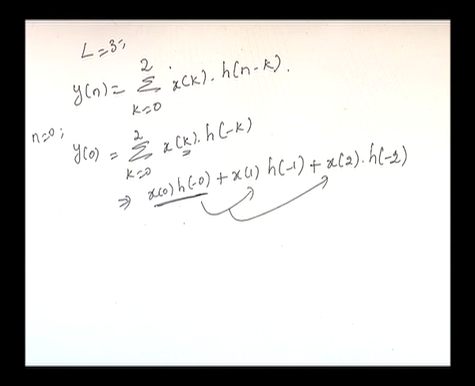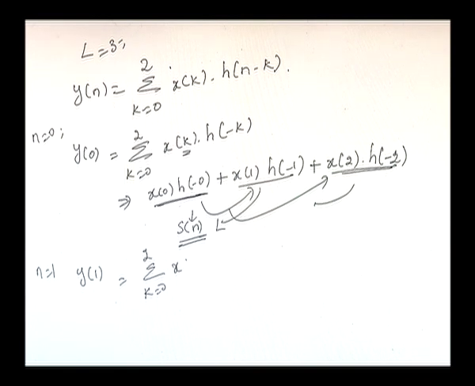So, I have initialized an accumulator S of n. First I generate the multiplication of x of 0 into h of 0 and store that value. Then again I do the multiplication and add it to this, and again multiply the next two values and add. This is the way I have developed the programming. Suppose we put n equal to 1, then y of 1 is equal to summation of k equal to 0 to 2, x of k into h of 1 minus k, right.